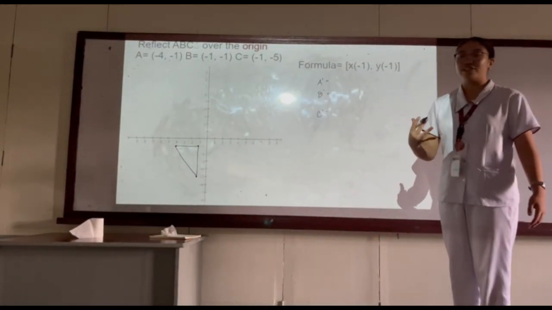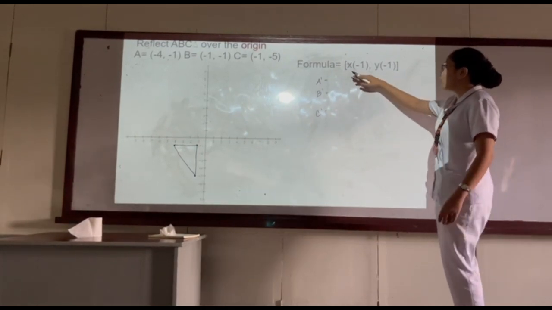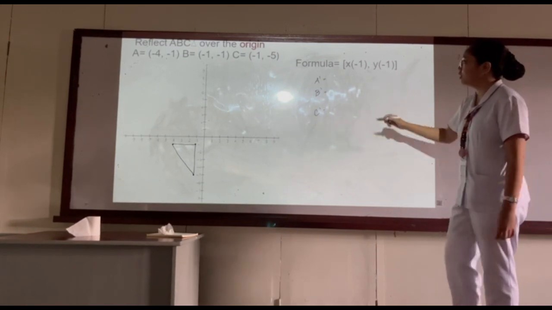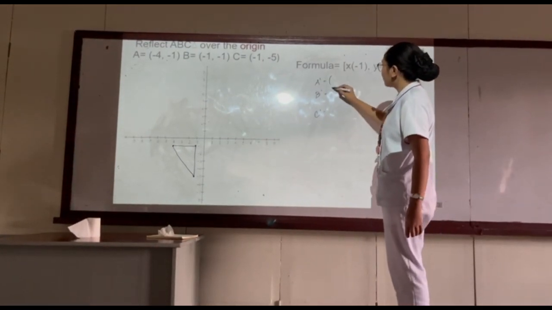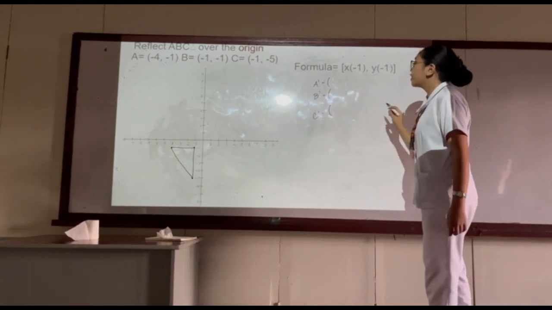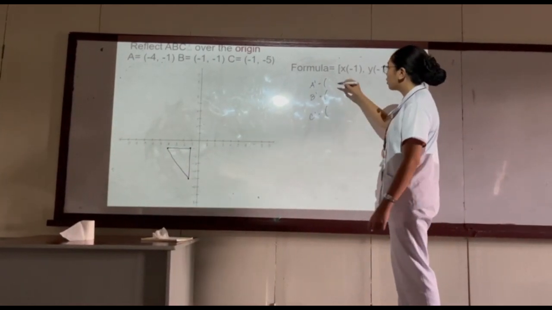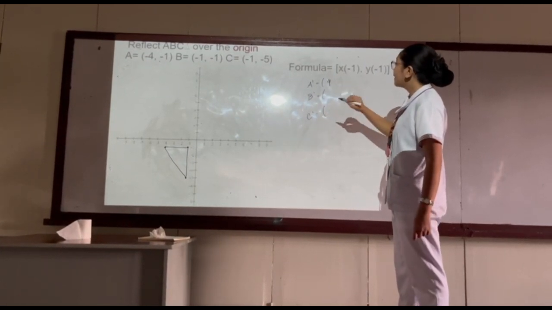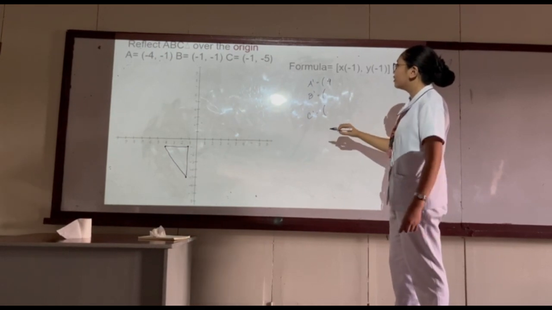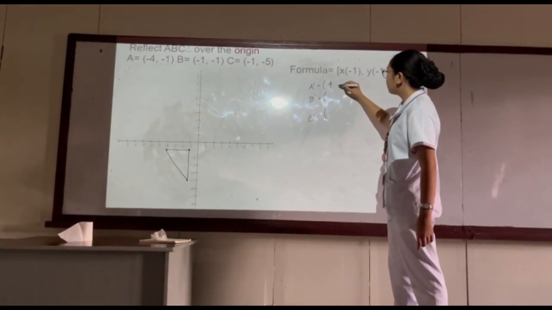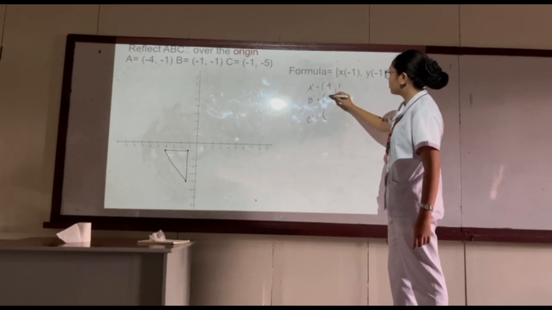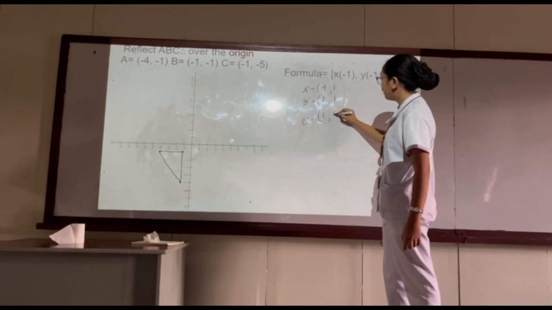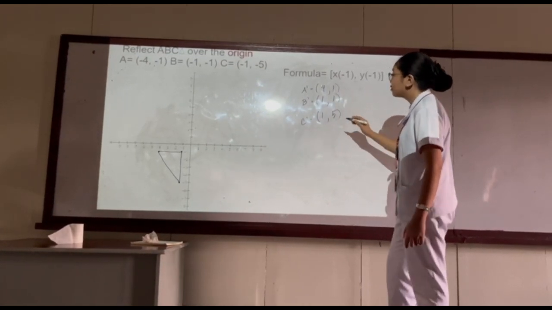Since we're reflecting over the origin, we'll now multiply both the x and y values by -1. -1 multiplied by -4 will be positive 4. -1 multiplied by -1 is positive 1. So 4 and 1, 1 and 1, and 1 and 5. So here's our new points.